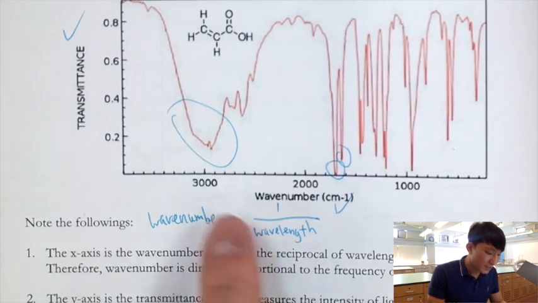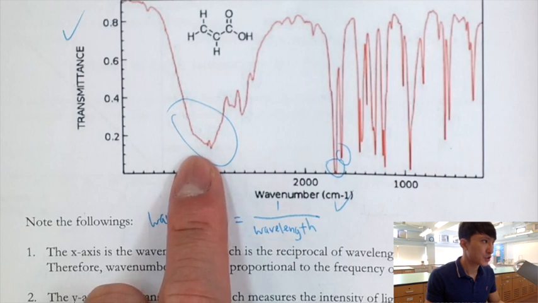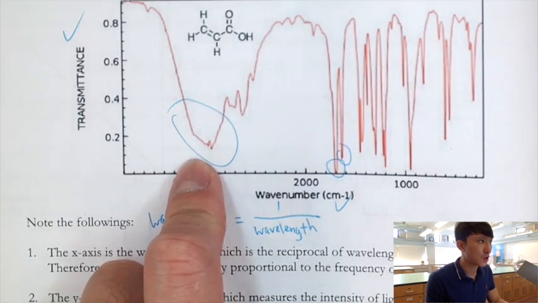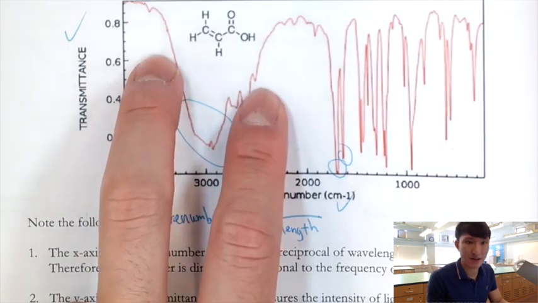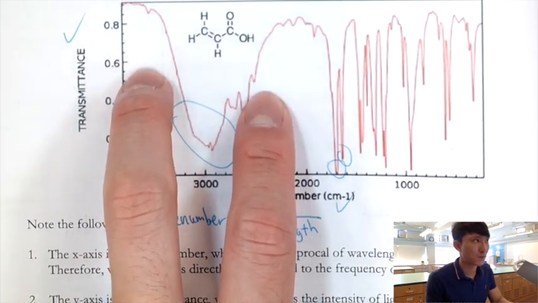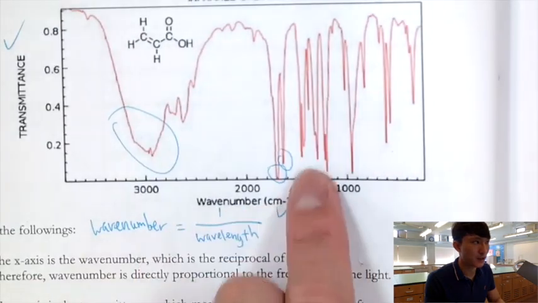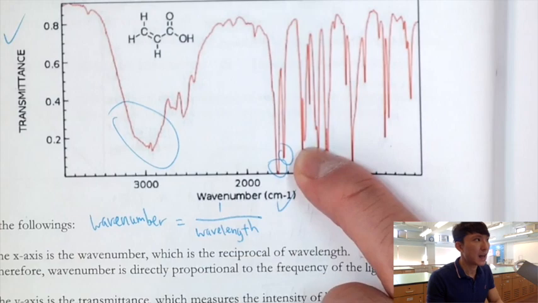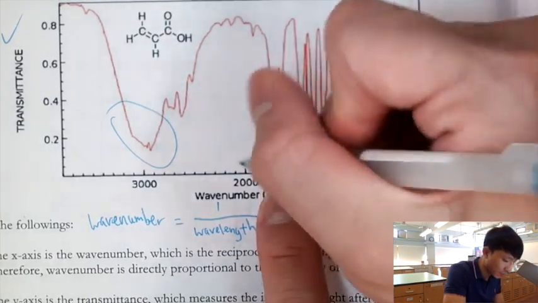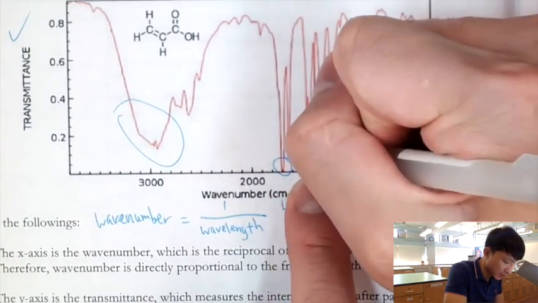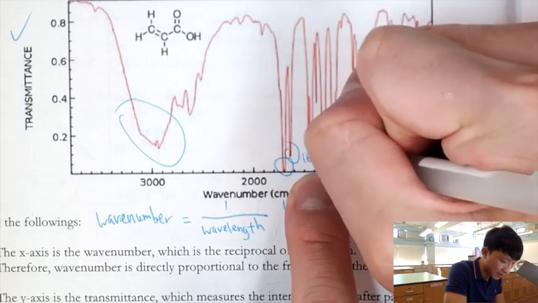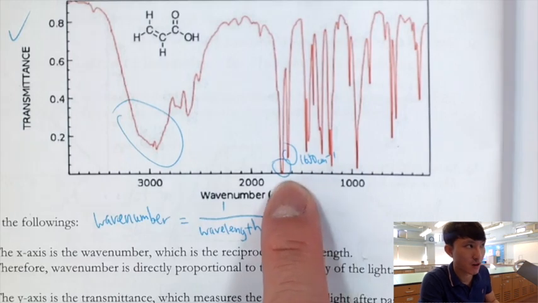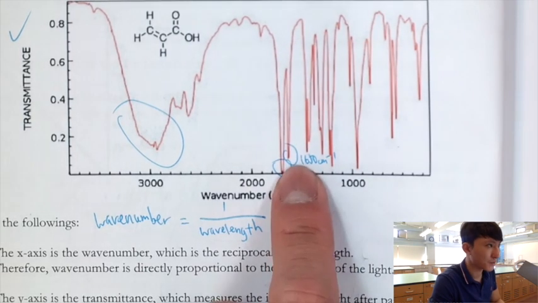Let's have a look at what I have circled here. There is quite a broad peak, but sorry, let's look at this one first. You see a very sharp, intense peak at a wave number of around 1650 cm^-1.